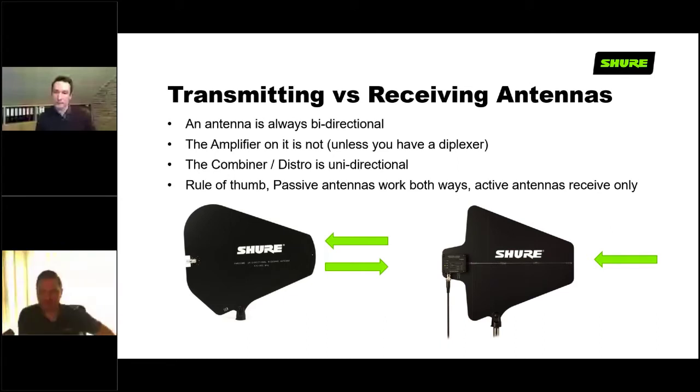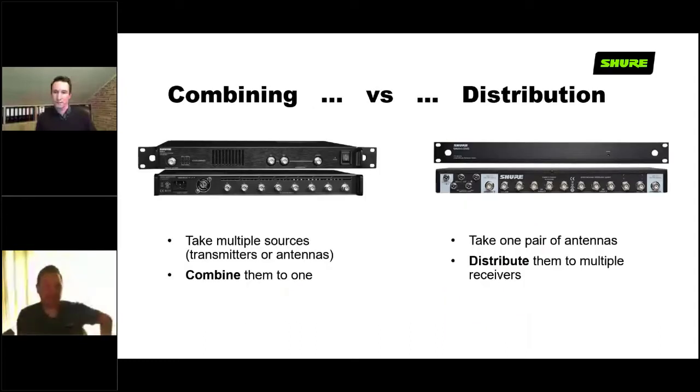It is worth noting here that the combiner and/or distro, which we'll talk about the differences of on the next slide, is unidirectional. So that's kind of the next question: what is the difference between combining and distribution? There's an antenna distribution system and a combiner, and the difference is kind of in the name.